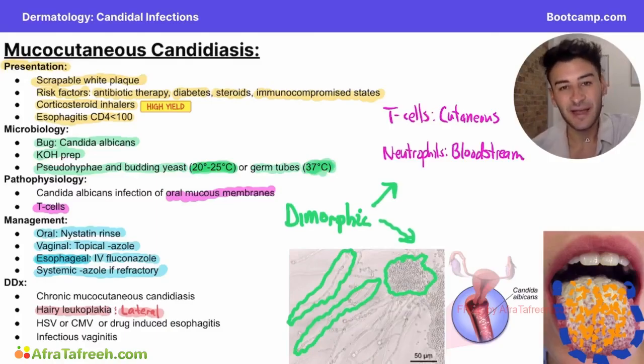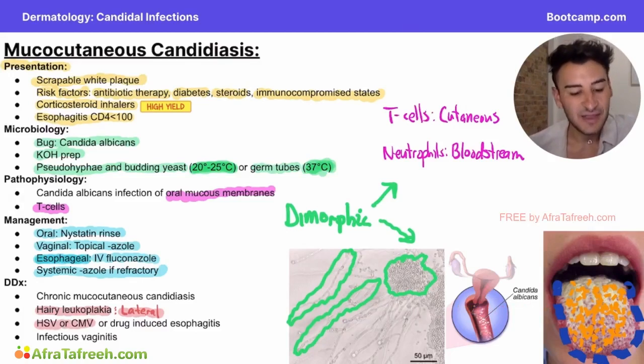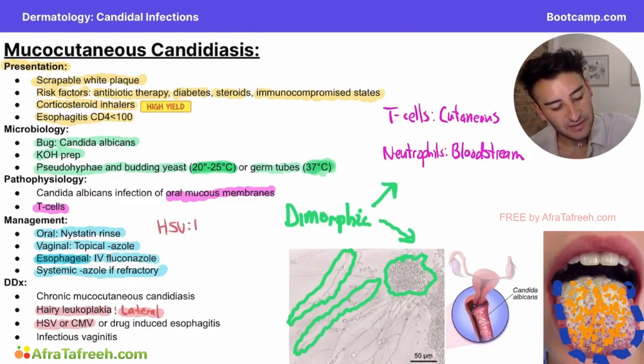Next, I want to talk about HSV and CMV infections of the esophagus because this is a pretty high yield physical exam finding that we like to talk about. So in HSV and CMV esophagitis, there are two specific lesions that are going to be talked about. When it comes to HSV, we're going to have HSV described as punched out lesions.